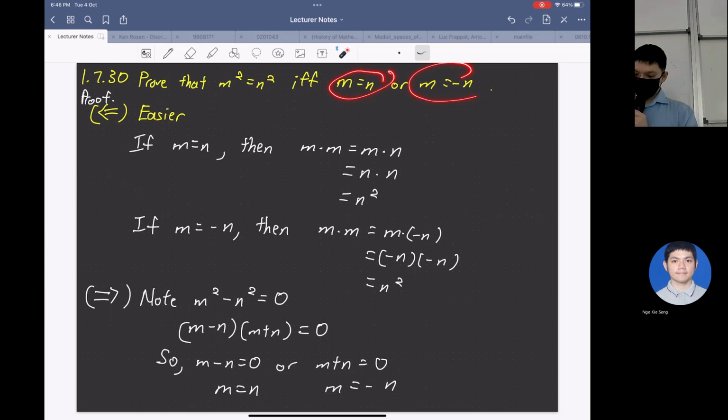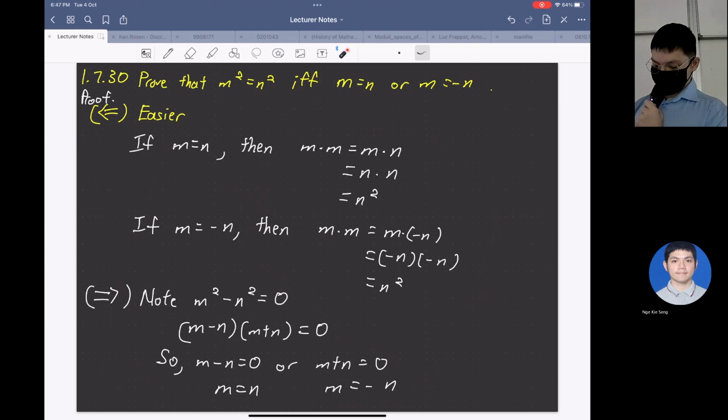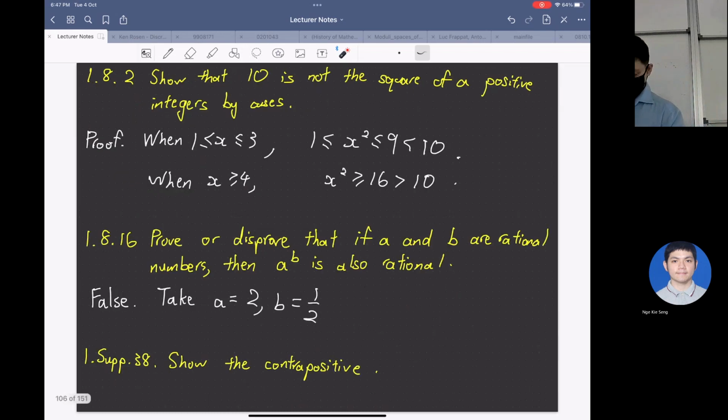You just start from here and show this, and then going forward, you can use the factorization. These calculations are just high school calculations, but you need to write the proof.